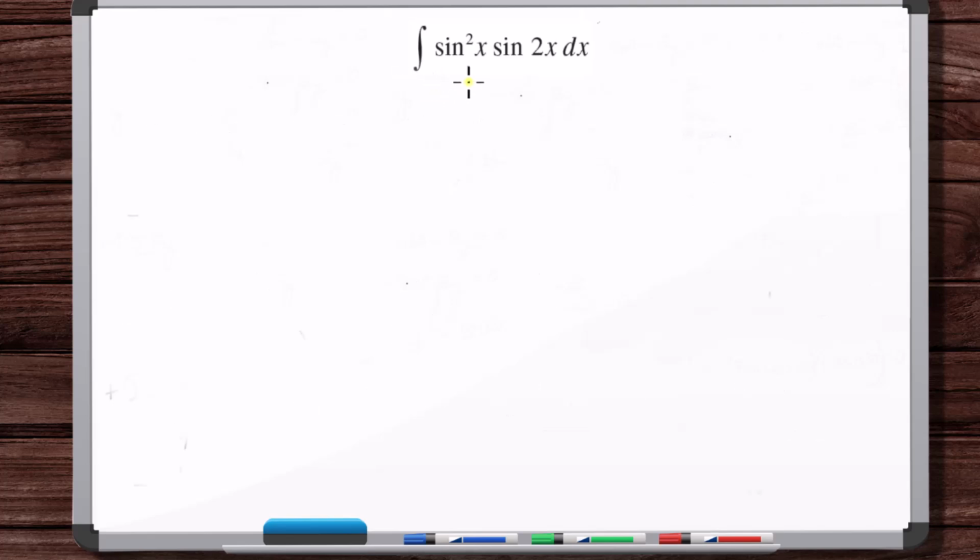Okay, so, again, we have an integral that doesn't exactly follow one of the example problems that were demonstrated in the textbook. But what you want to do is still use the same principles that were taught.